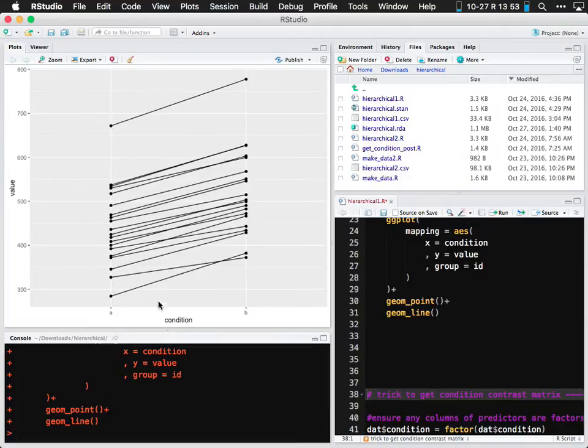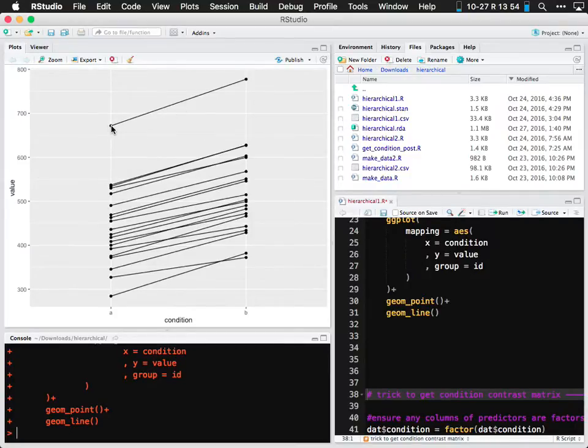So this is the data. Each line is a person. And the dots reflect their means in the two conditions. So we might be interested, is there sort of an overall effect? Now, if we didn't have the lines there, knowing which people are from what, the two distributions of dots generally overlap with one another, so we'd be hard pressed to assert that there's a difference. But we do have the lines.